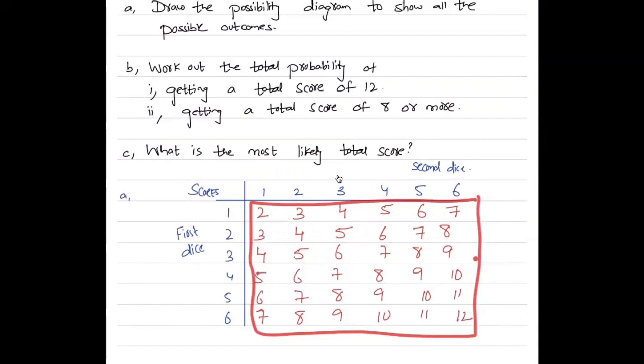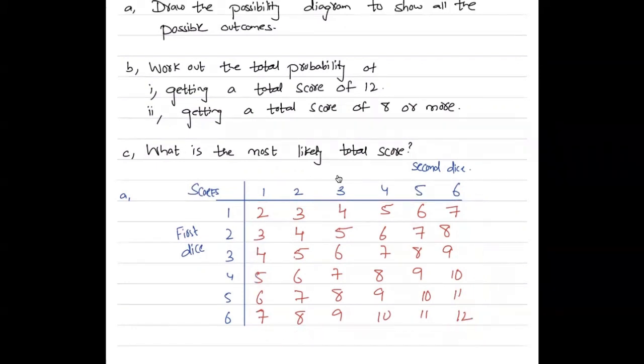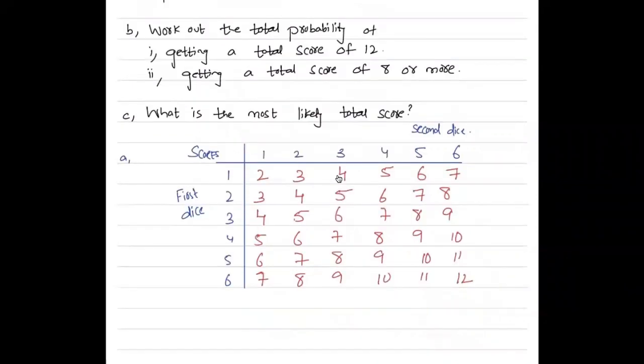So what is the probability that out of these 36 possibilities, your score is going to be 12? 1 out of 36. So part B1, the probability of getting a score of 12 is 1 out of 36.